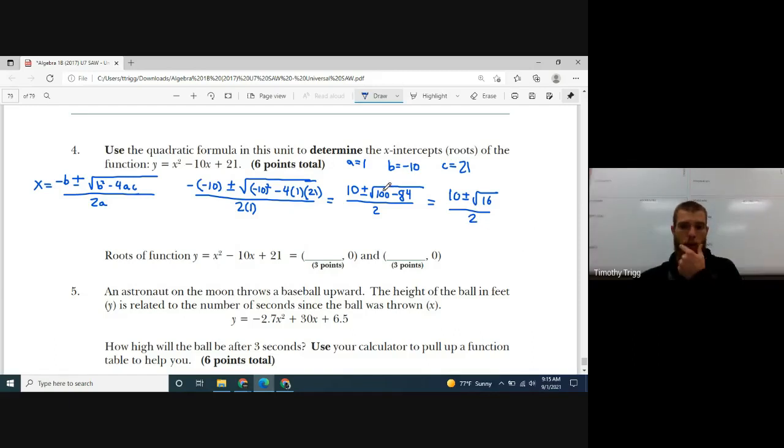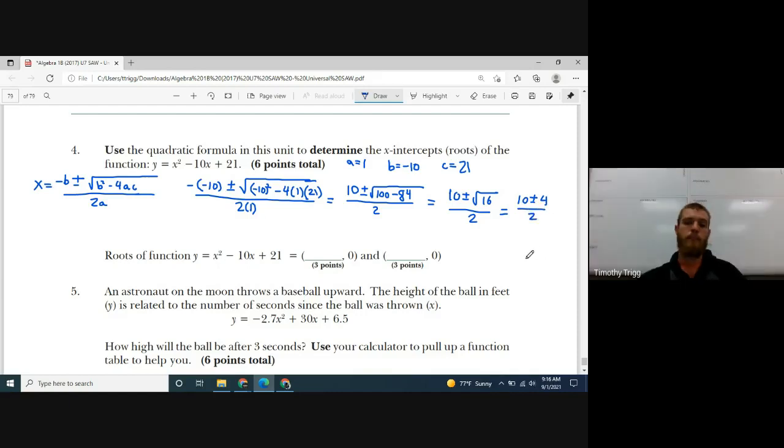Now, what's the square root of 16? In other words, what number times itself gives you 16? Hopefully you know that's 4. So it becomes 10 plus or minus 4 over 2.